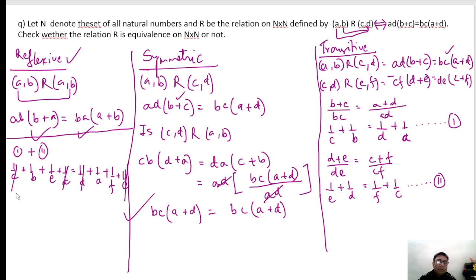So what is remaining? 1 by B plus 1 by E equal to 1 by A plus 1 by F.